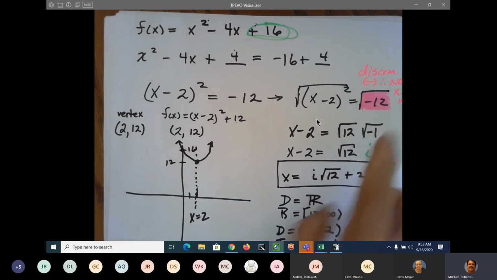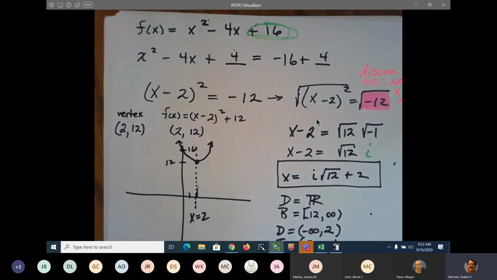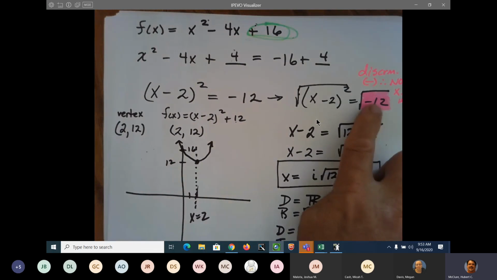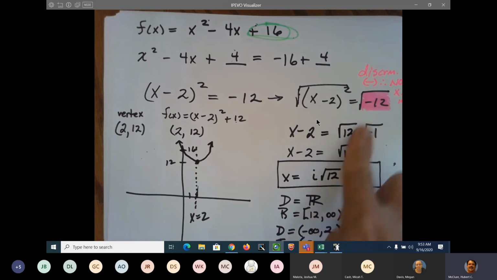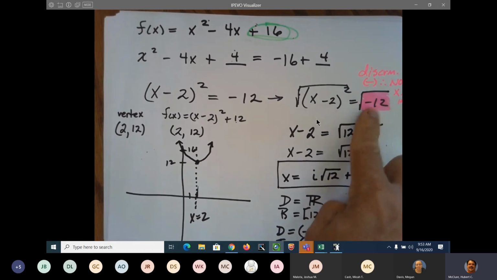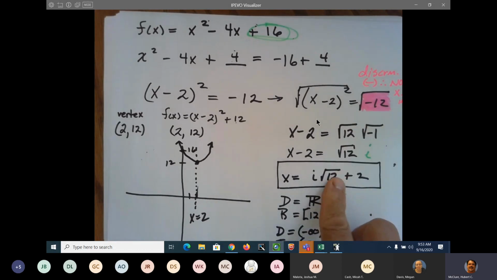It's still the same completing the square, but there's a little twist added to it. That's what makes it a level 5, because of these 3 steps right here. Well, 4 steps if you count all of them.